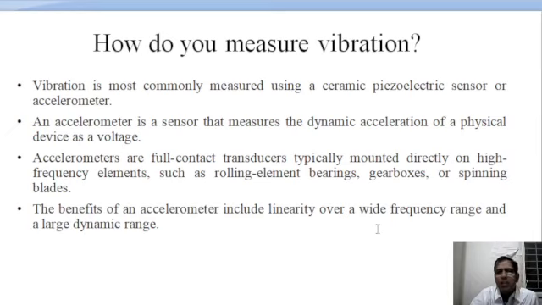For example, if the rotational speed is very low, then it is recommended to measure the vibration in terms of displacement. If the rotational speed is moderate, then it is recommended to measure in terms of velocity, and if the rotational frequency is high, then it is always recommended that you measure the vibration in terms of acceleration.